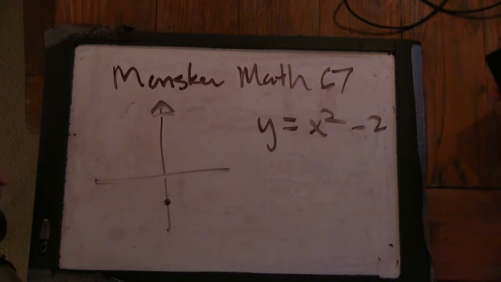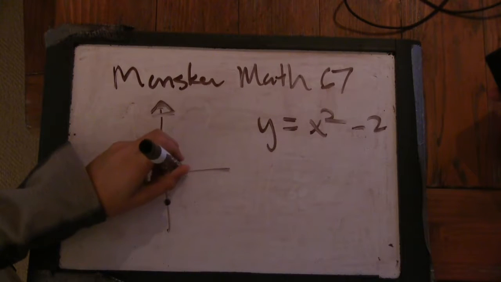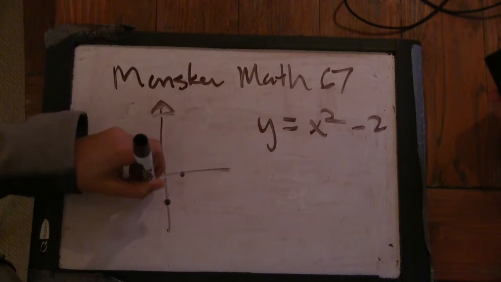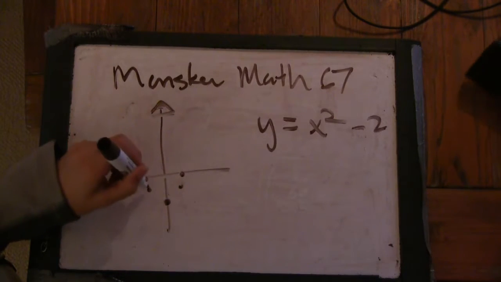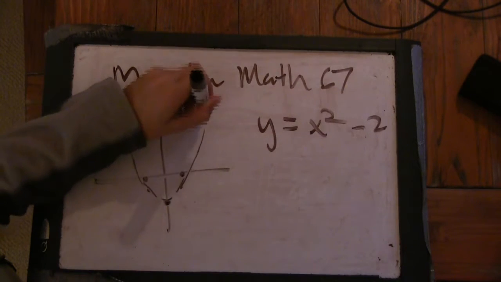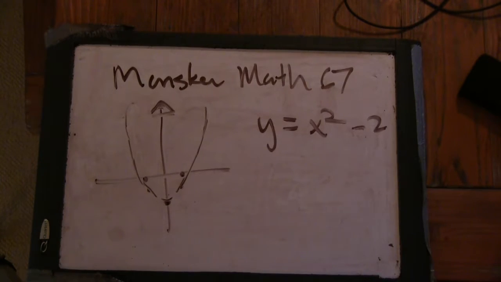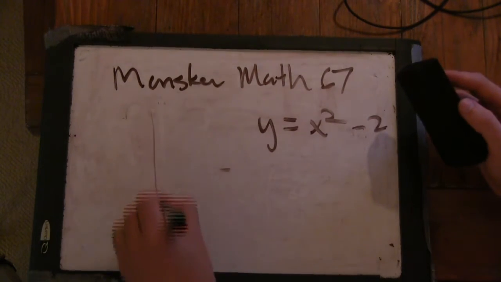When x is 1 or negative 1, they'd be the same thing. It's negative 1. So I think I get the general shape. We sort of moved it down. By how much? By 2. Move it down by 2.